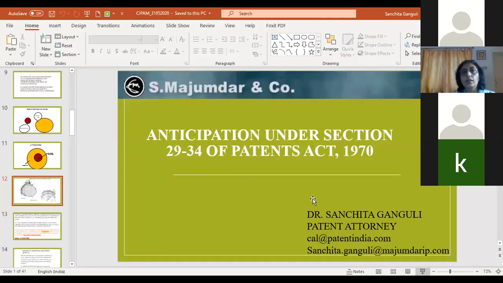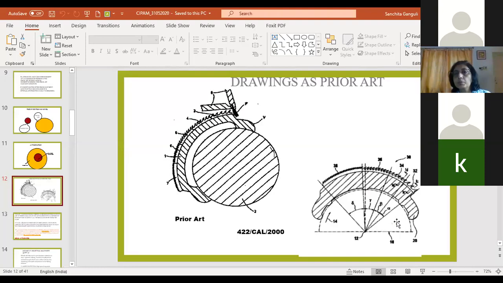Here, if you see the first portion, the teeth are larger and they are spaced apart. And then progressively, the spacing is reducing. So that's what their invention is.